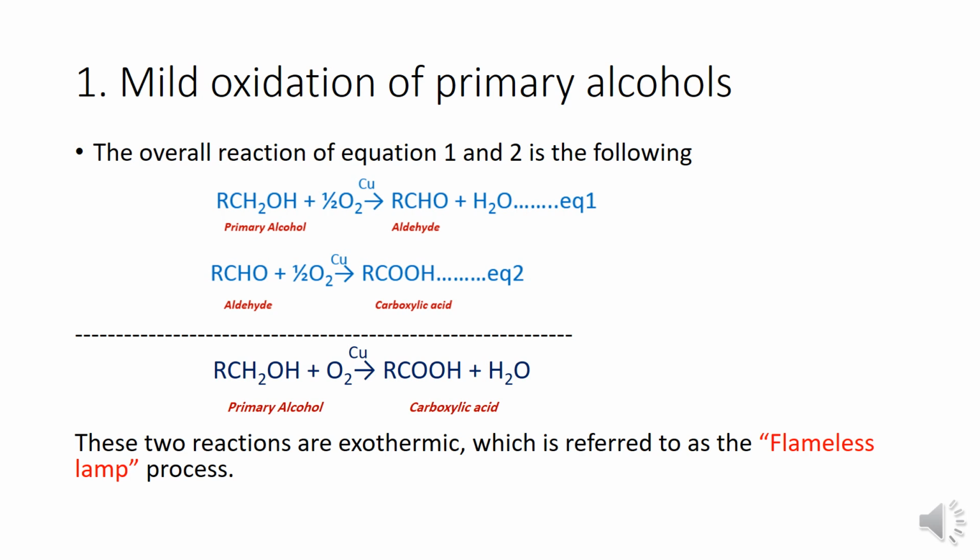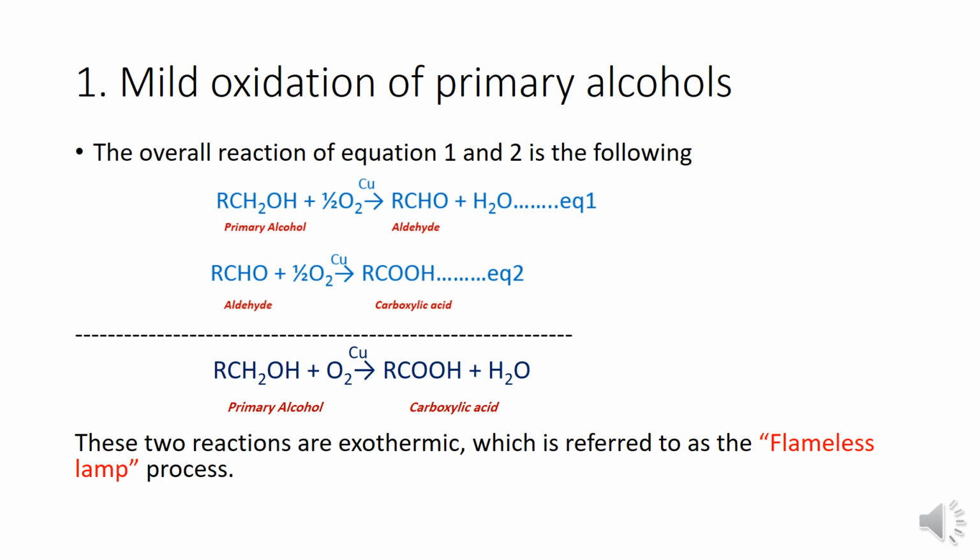Now look at the aldehyde. In the first equation, it is on the product side. The same aldehyde is in the second equation on the reactant side. So in this case, we subtract them and we don't have any more aldehyde. The overall reaction will be primary alcohol plus O2, in presence of copper, we get carboxylic acid plus H2O. This H2O is from the first equation.